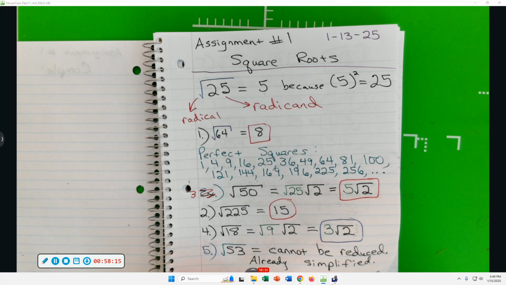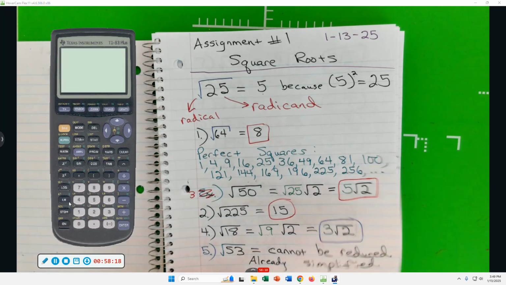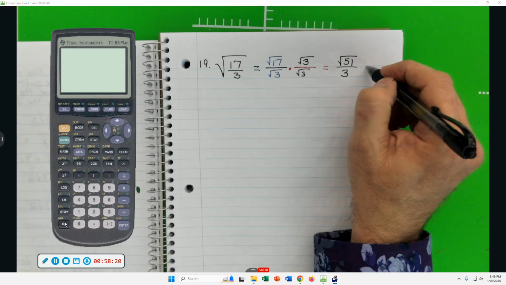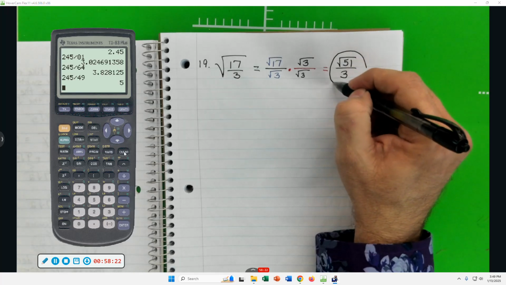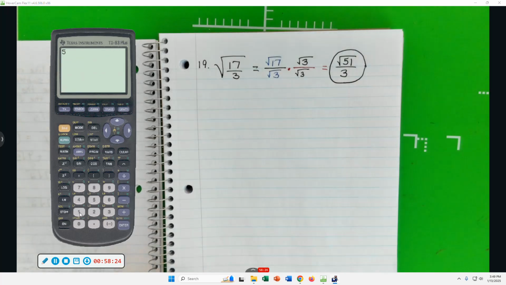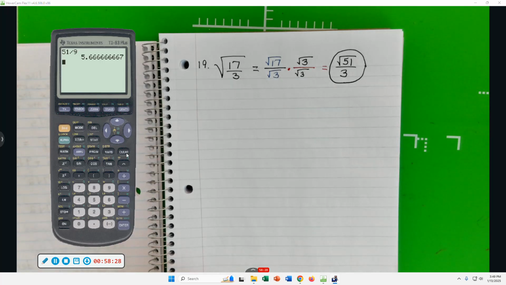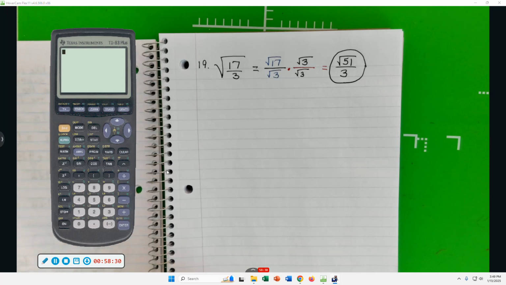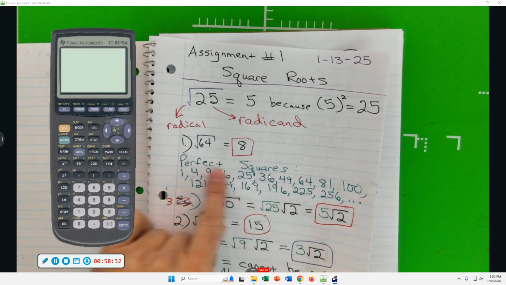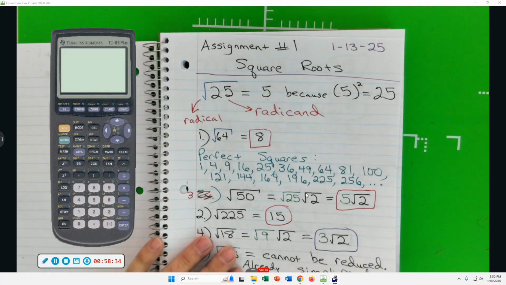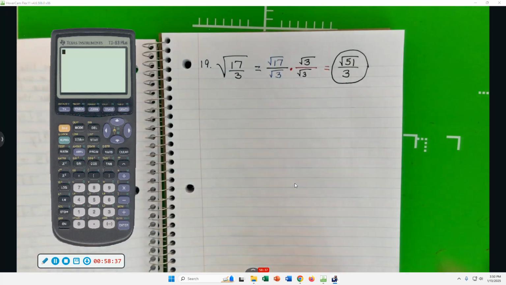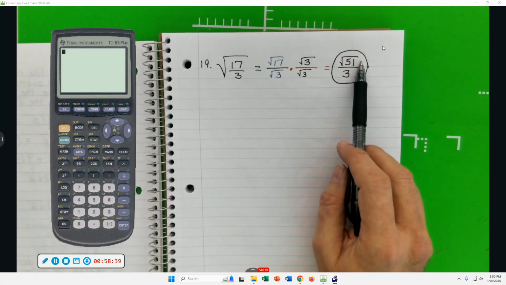You could try something like 51 divided by, say, 9. Nah. You can look at those perfect squares and test it yourself, but none of these are going to divide evenly into 51. So we leave it as square root of 51 over 3.